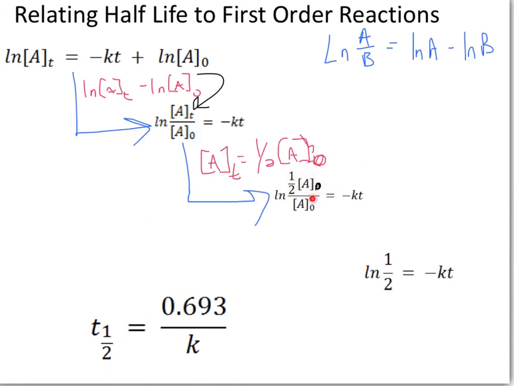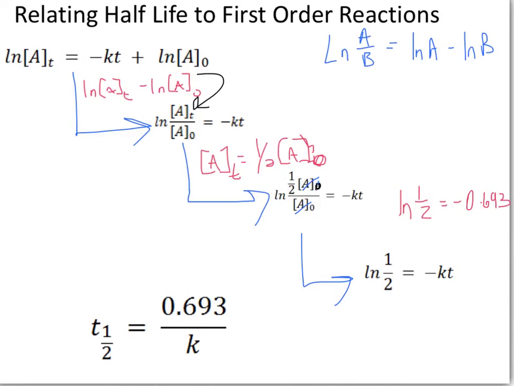Once I'm at this point, you need to see that these values actually cancel out. Now I end up with the natural log of 1/2 equals negative kt. One thing that we know is that the natural log of 1/2 is equal to negative 0.693.